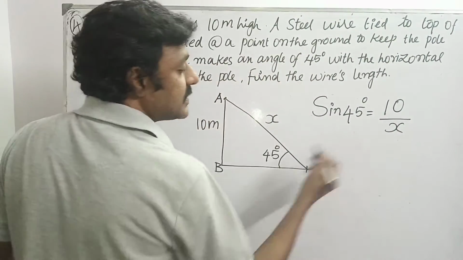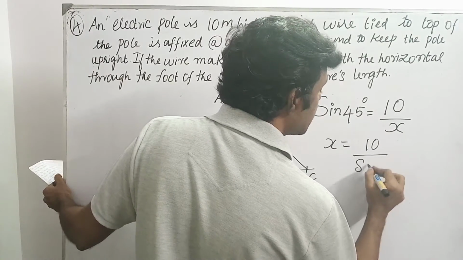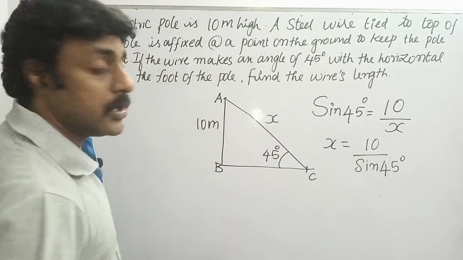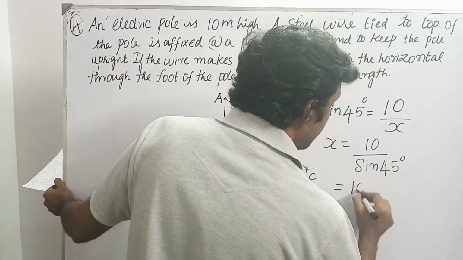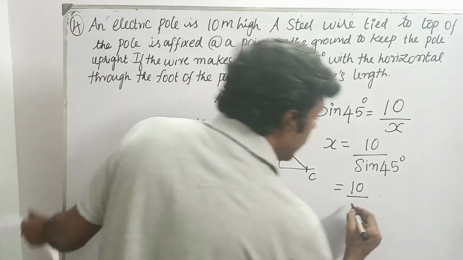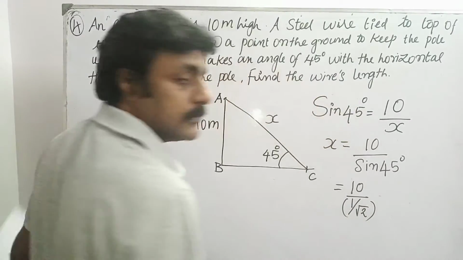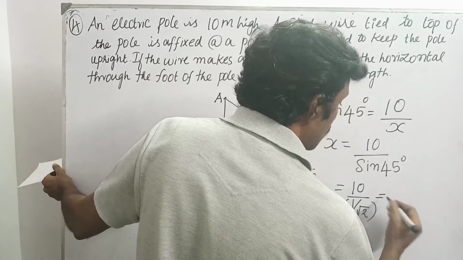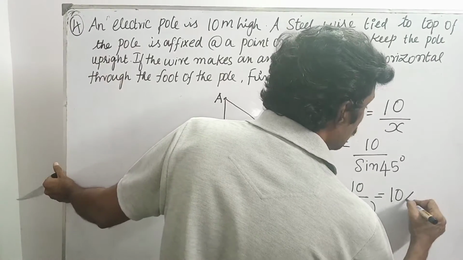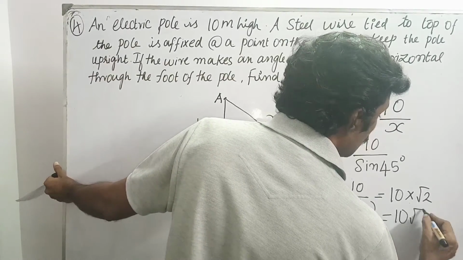So what will be x? x is 10 divided by sine of 45 degrees, which is equal to 10 divided by, what is sine 45 degrees? Sine 45 degrees is 1 divided by root 2. So that will be 10 divided by 1 over root 2, which is 10 into root 2.